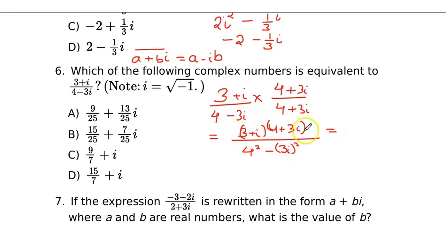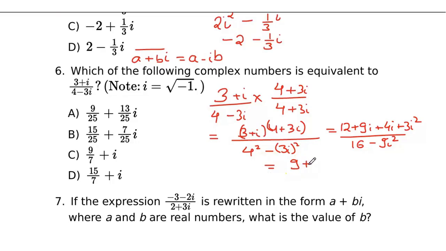So we'll get 12 plus 9i plus 4i plus 3i square upon 16 minus 9i square. Now 3i square is basically negative 3, because i square is minus 1. So here we have 12 minus 3, that will be 9.